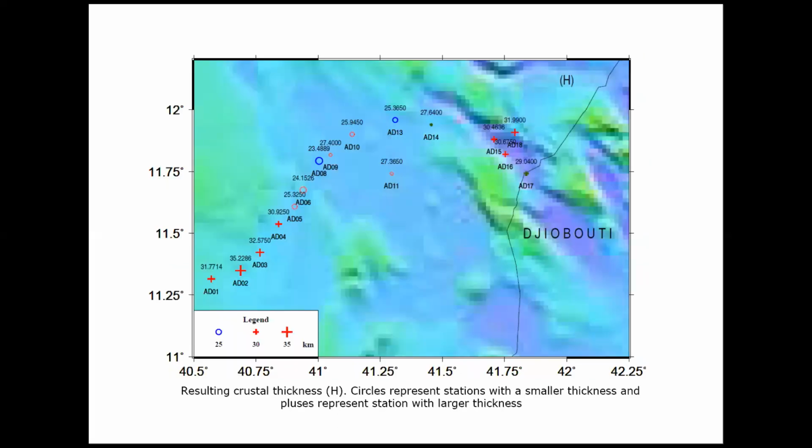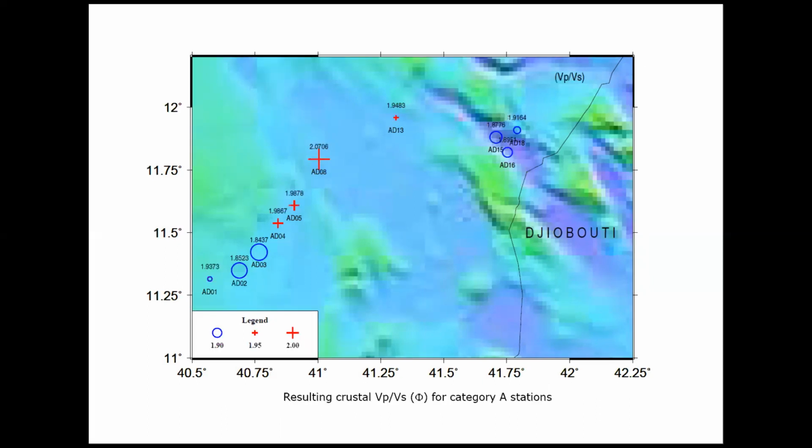Map of the resulting crustal thickness H, where the circles represent stations with smaller thickness and the plots represent stations with larger thickness. Those observations show that the average crustal thickness is around 28.56 kilometers.